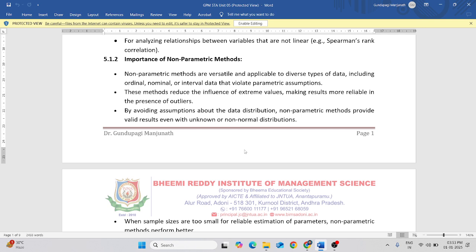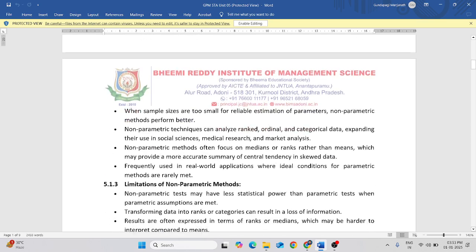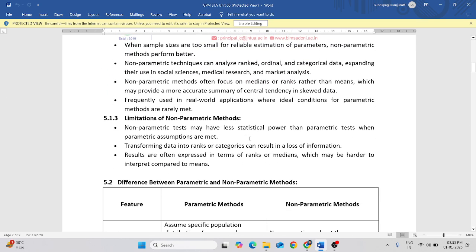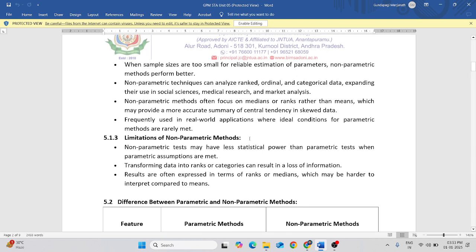Sometimes this test reduces the influence of extreme values, making results more reliable in the presence of outliers. Most of the time we use a non-parametric test when n is less than or equal to 30, that is, the sample size is less than or equal to 30.